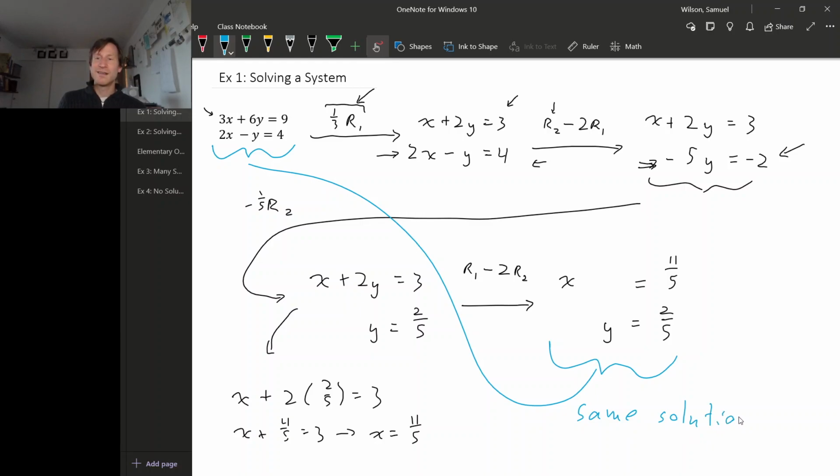The solution set for our final system is clearly 11 over 5, comma 2 over 5, because it says that x is equal to 11 over 5 and y is equal to 2 over 5.